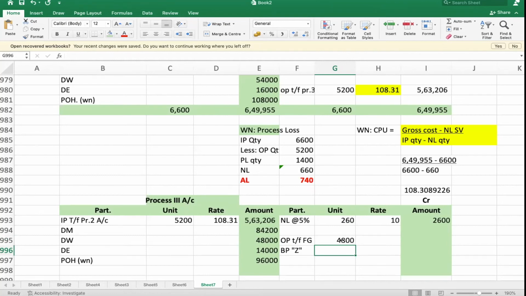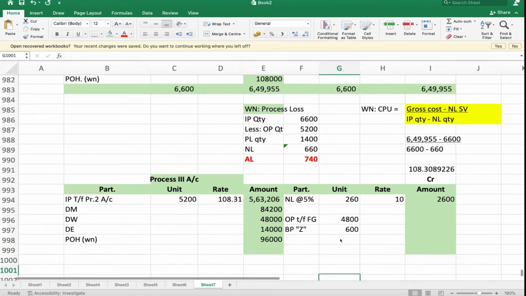How much byproduct? 600 units. Any difficulty? So here are the specialities: we got the output of process 3 and a byproduct also. Two different things are there.